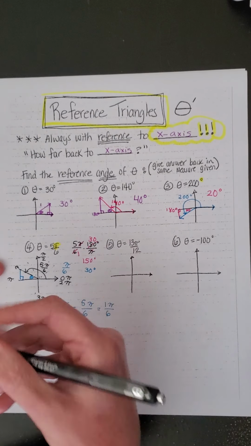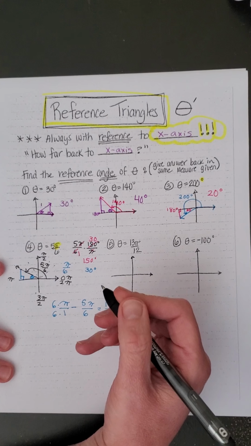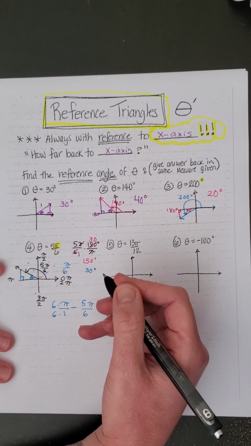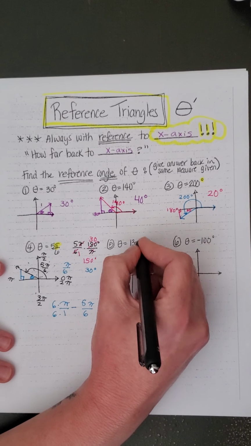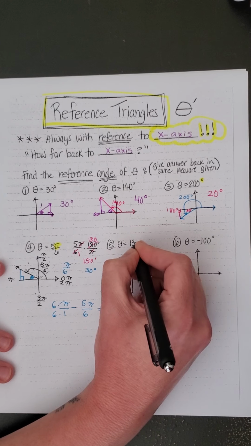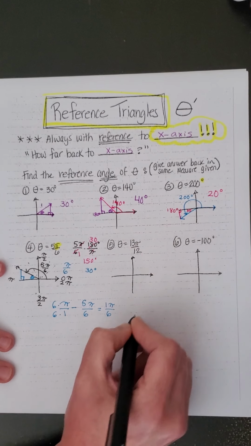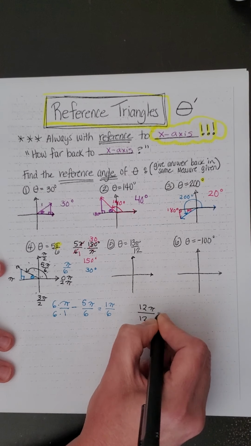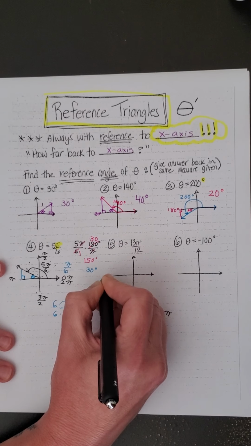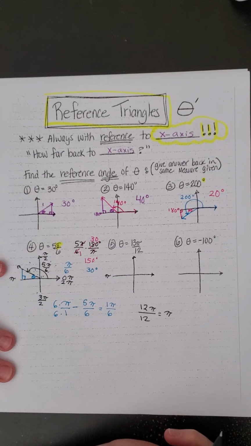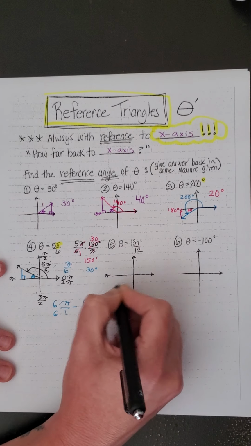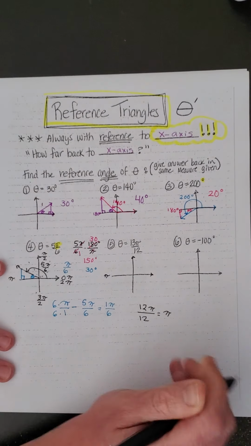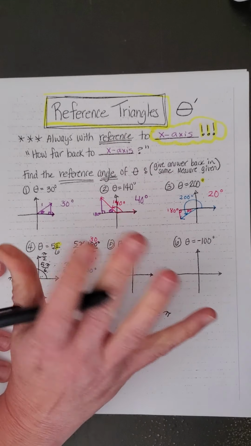What I would do personally, actually, I know what this is. I can see that this is 13 pi over 12, which is, if I go 12 pi over 12, that would be 1 pi, right? So I would be just a little past pi, 1/12 past pi. But I'm going to do it the other way, a method that doesn't work with fractions.